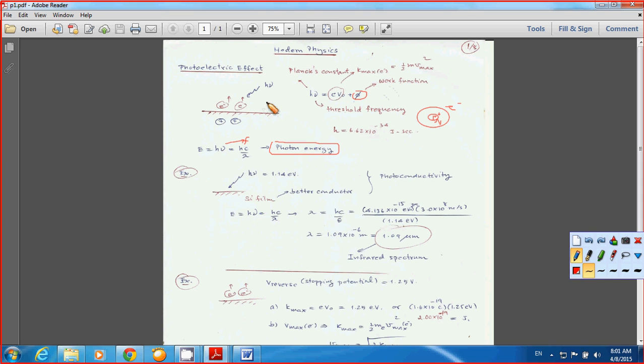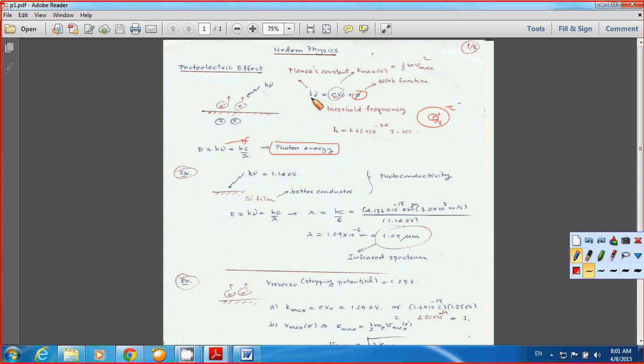And if you have more than enough energy from the light shining on the surface of the material, part of the energy is going to go to the work function, and the rest is going to give you the kinetic energy of the electron to move around.